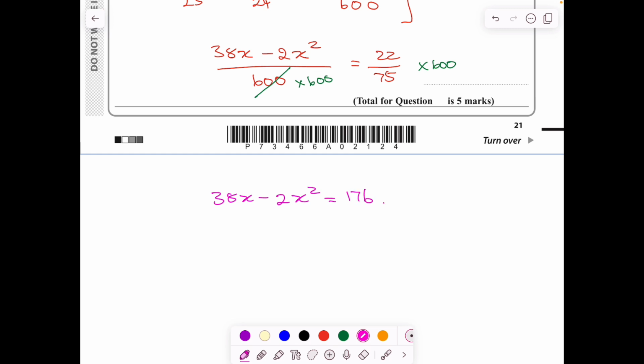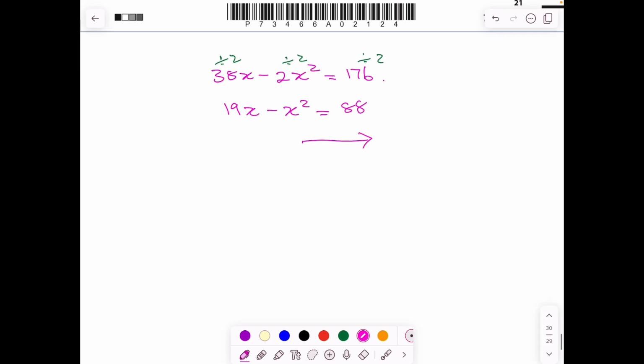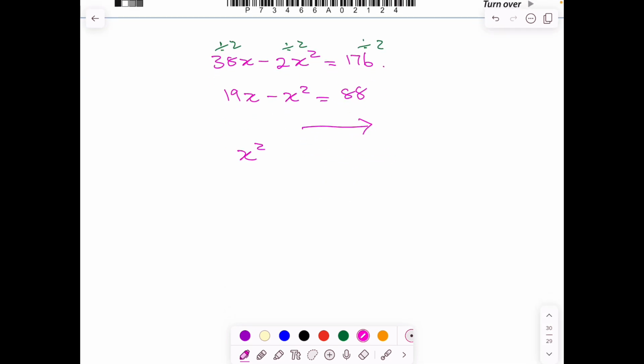Then I'm going to divide it all by 2 just to make it a little bit less messy. And I get 19x minus x squared equals 88. I will take everything onto this side. So it becomes x squared minus 19x plus 88 equals 0. Hopefully that's something I can factorise.